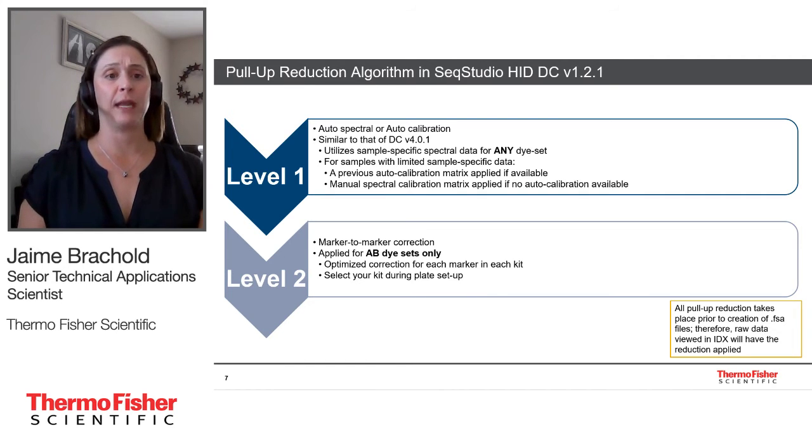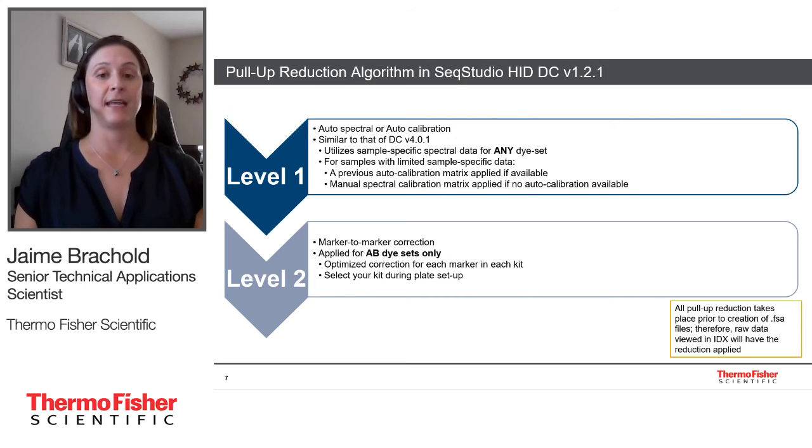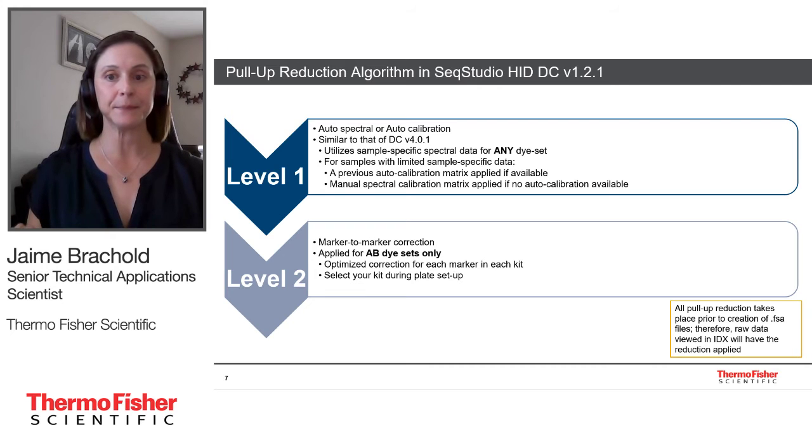And the way that you enable marker-to-marker correction is on plate setup, you'll select the chemistry that you're running. It's also similar to the 3500 in that all pull-up reduction takes place prior to the creation of the FSA files. So any data that you view in IDX will already have pull-up reduction applied.